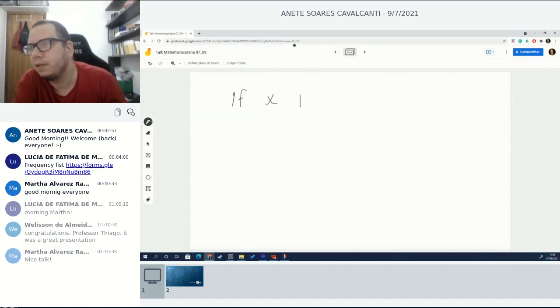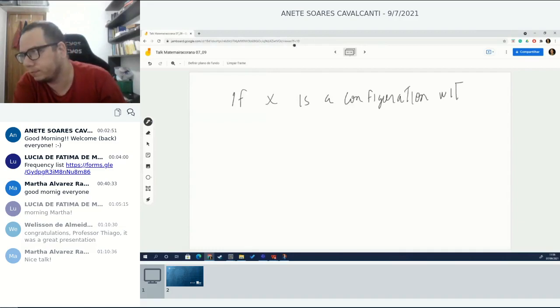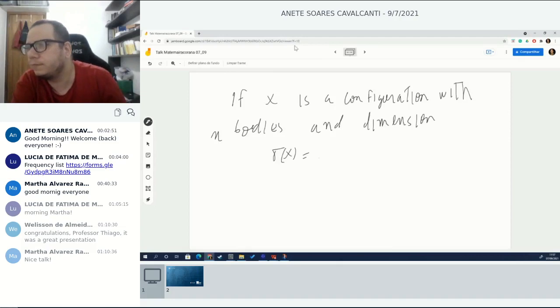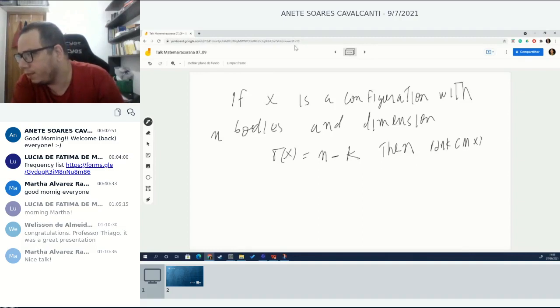Then, if X is a configuration with n bodies and dimension delta X equal to n minus k, then the rank of Cayley-Menger matrix is equal to n minus k plus 2.